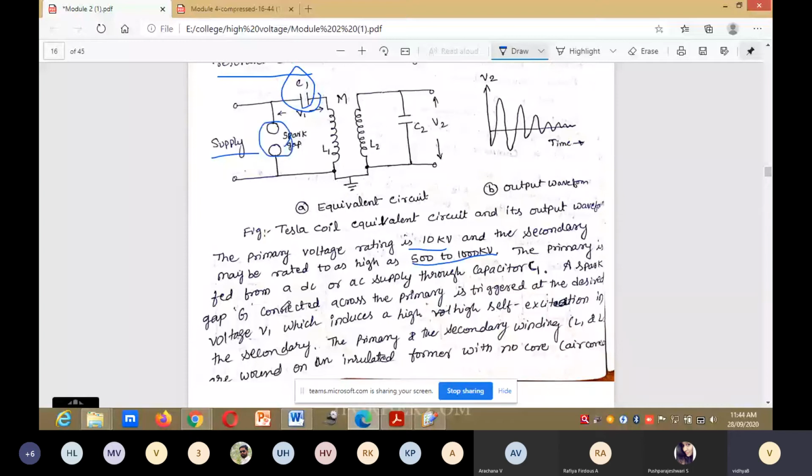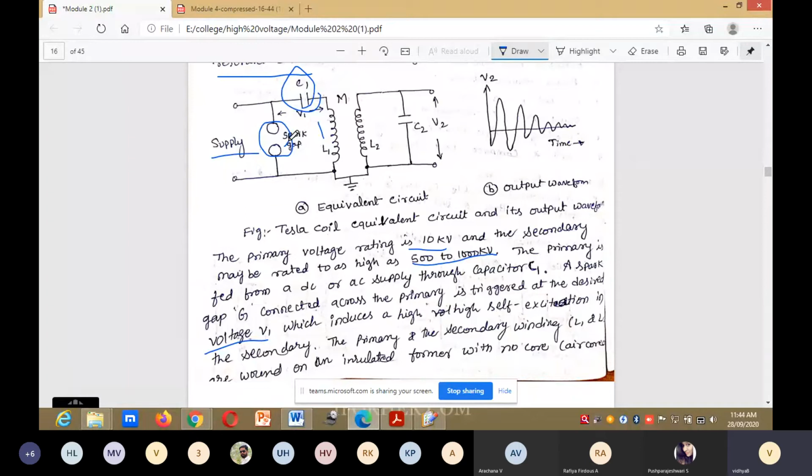It is connected across the primary side and triggered at the desired voltage V1, which induces a high voltage self-excitation in the secondary side.